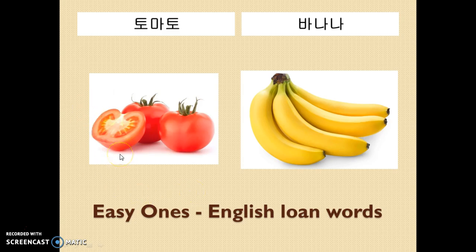So tomato, here's tomato, tomato. I like this because it's not like the American tomato. It sounds more like the Australian tomato. And same with here. This is a banana. Banana, banana.